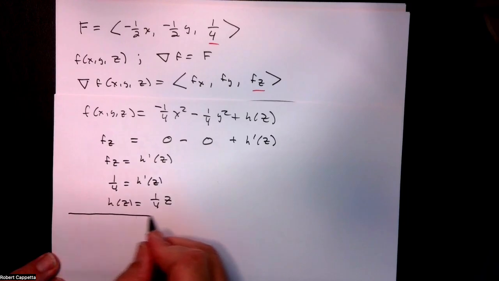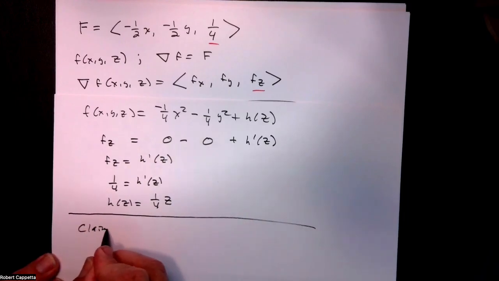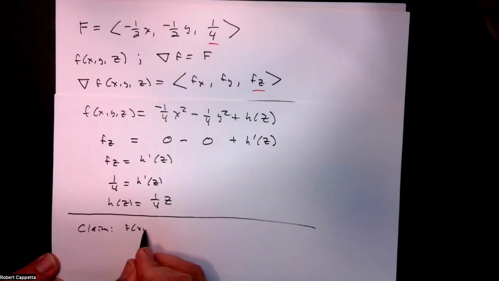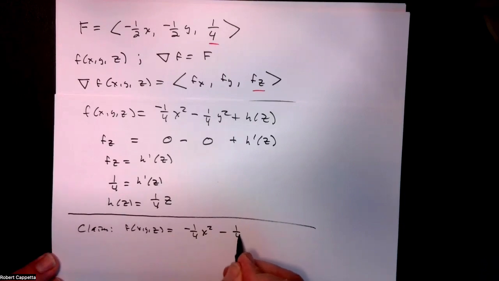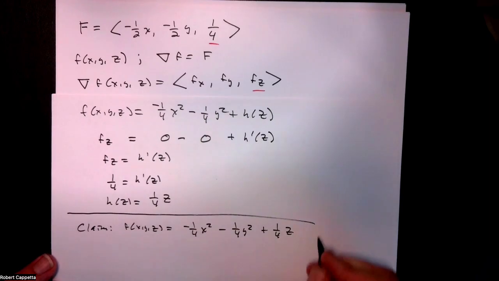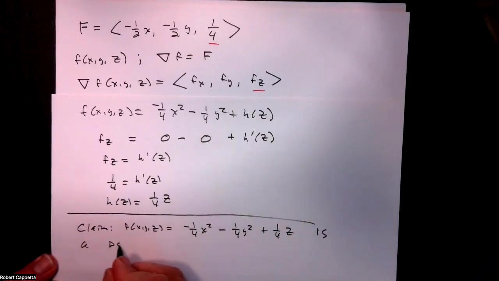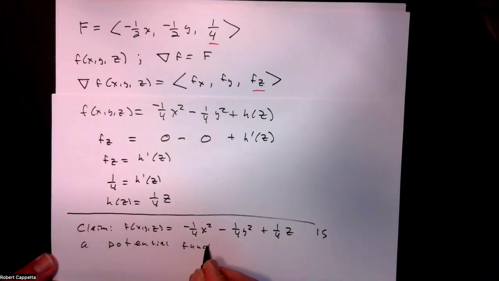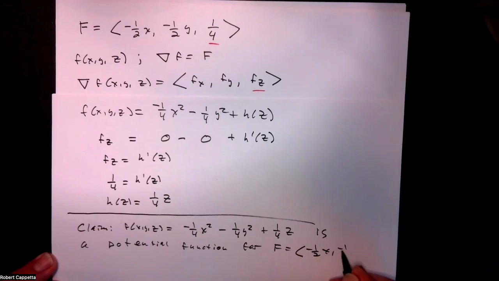So my claim is f of x, y, z, which equals negative 1/4 x squared minus 1/4 y squared plus 1/4 z is a potential function for that vector field, but we should check that to make sure that that actually works. So that's a potential function for that vector field F, which is negative 1/2 x, negative 1/2 y, a quarter.